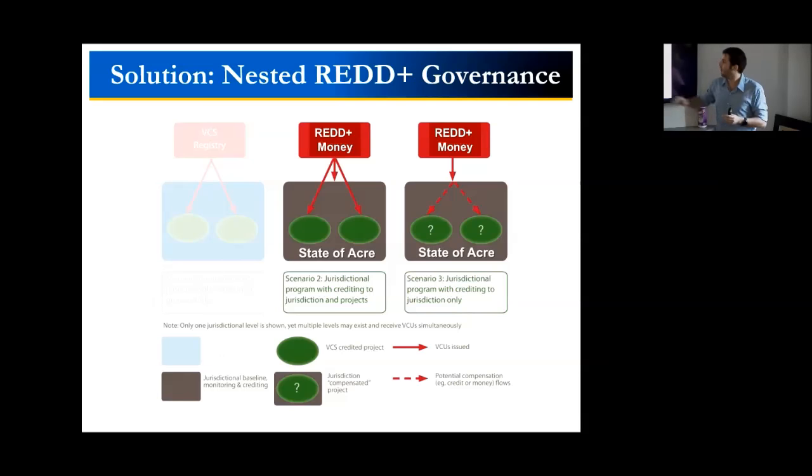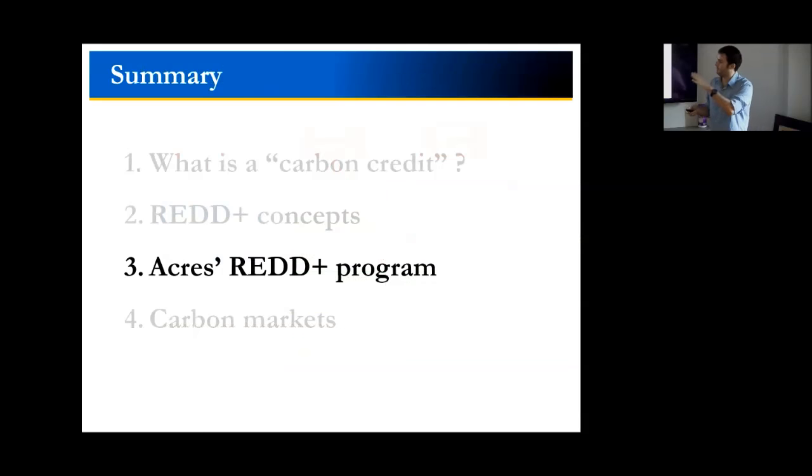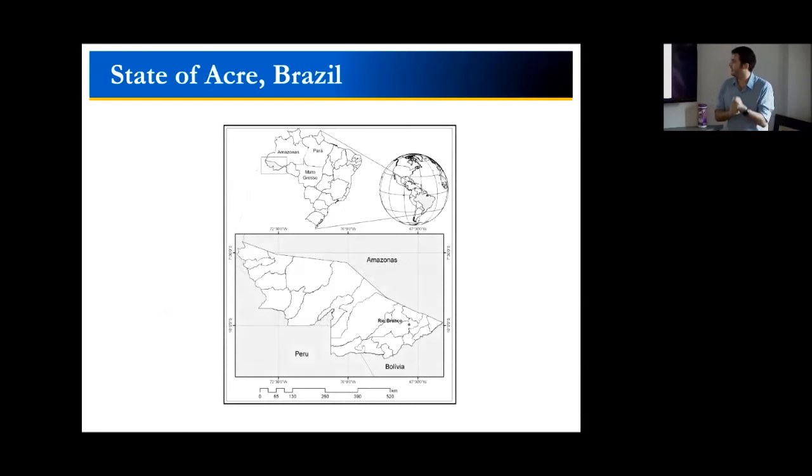Another option would be that all the REDD money goes to the state, and then the state decides what to do with that money and sends it to the projects. It can be through other sorts of compensation. It can be money. It doesn't need to be the carbon offsets themselves. I'll talk a little bit more about that now that I'm talking about Acre's program.